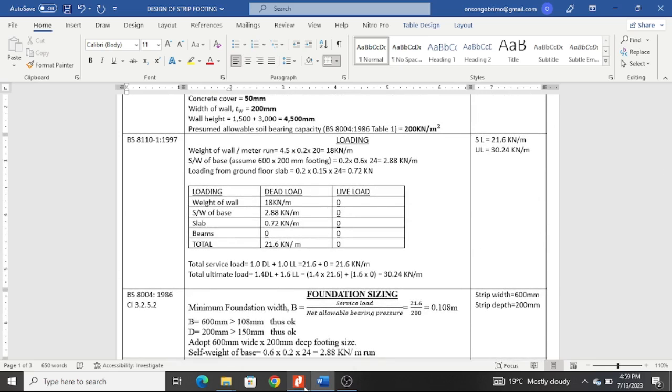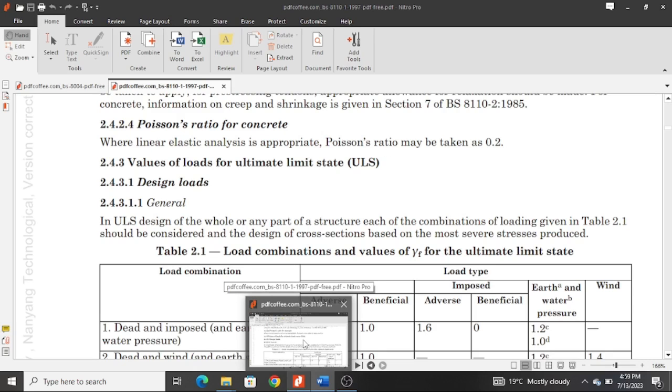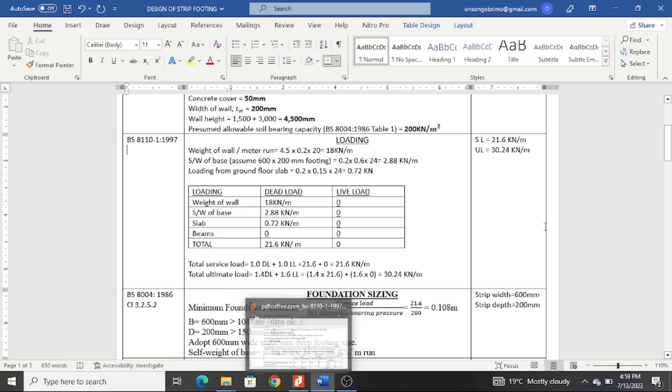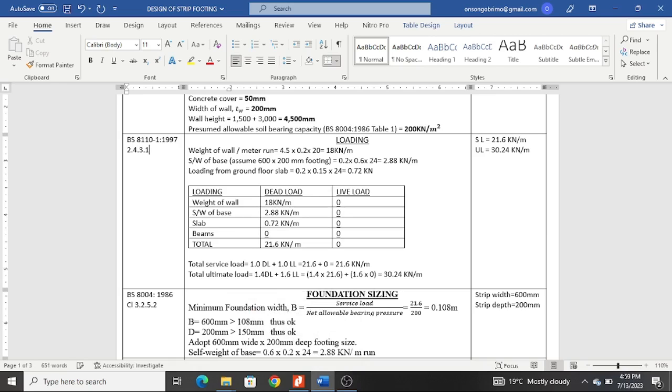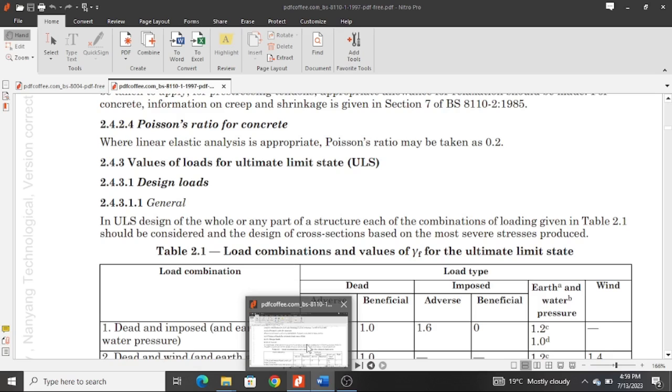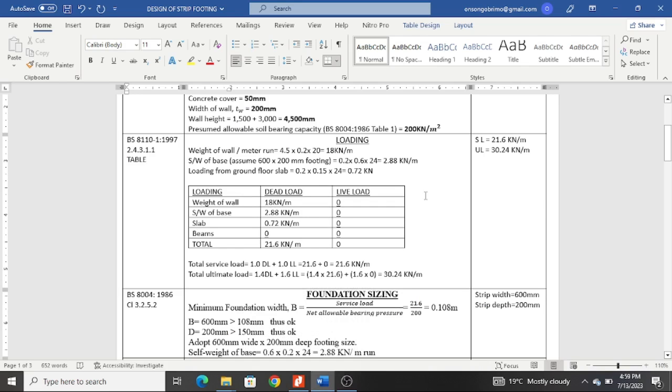And then this is 2.4.3.1.1, and then you do table 2.1.